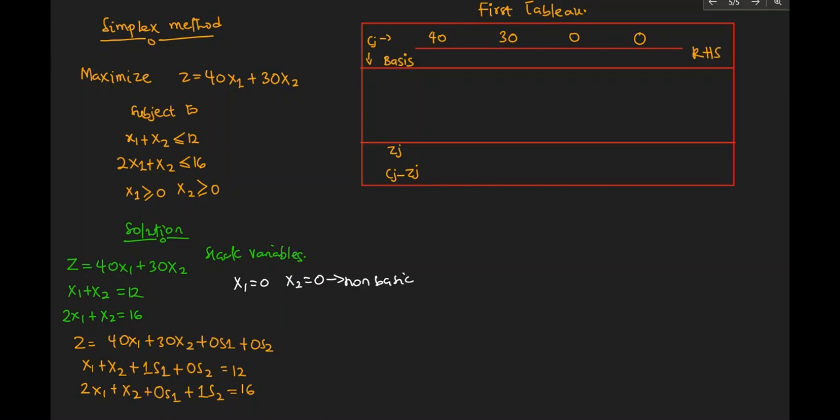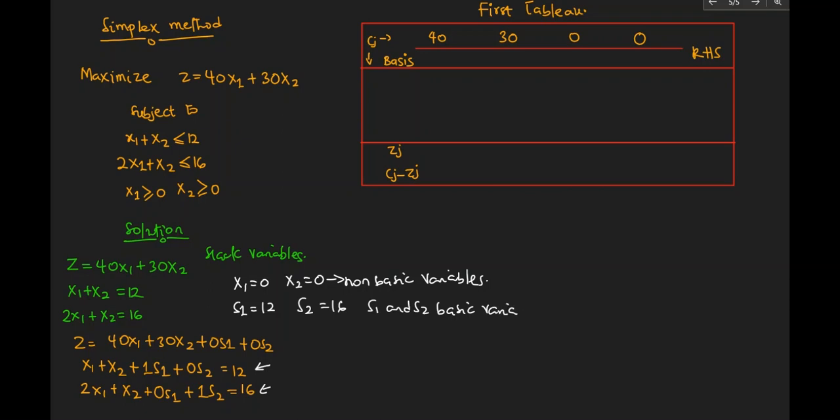Then we solve for s1 and s2 in the two constraint equations. Solving for s1 in the first constraint equation, we get s1 equal to 12, and solving for s2 in the second equation, we get s2 equal to 16. So we now call s1 and s2 basic variables.